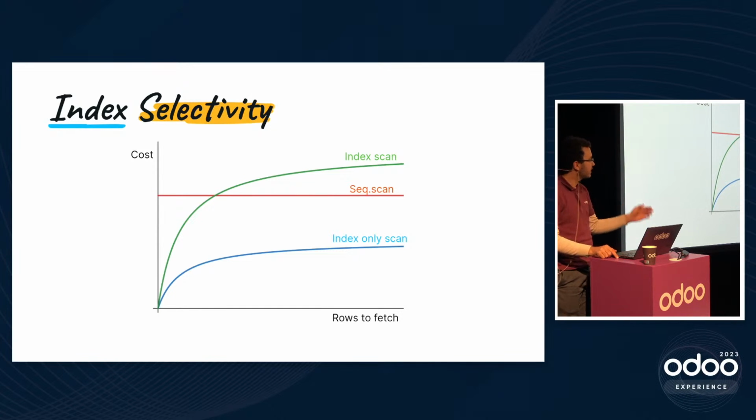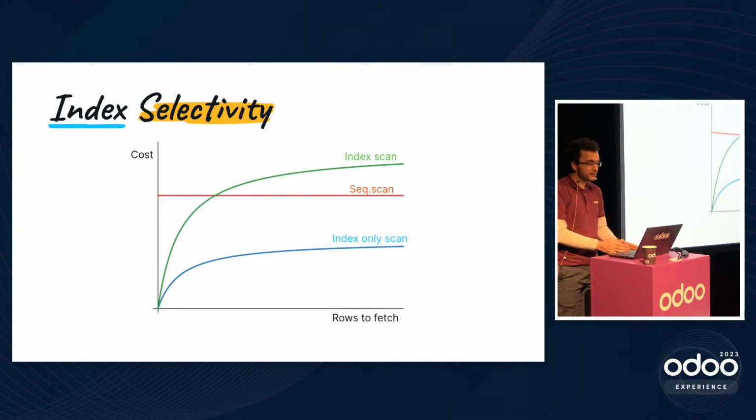We can see in red the sequential scan is constant because you always read the whole table. You have the index scan, and as you can see we have an intersection point. The index scan is not always faster than a sequential scan in Postgres terms, because you need first to fetch the pages from the index, run the index, get the result, fetch the table data, and then read the necessary rows inside the table.